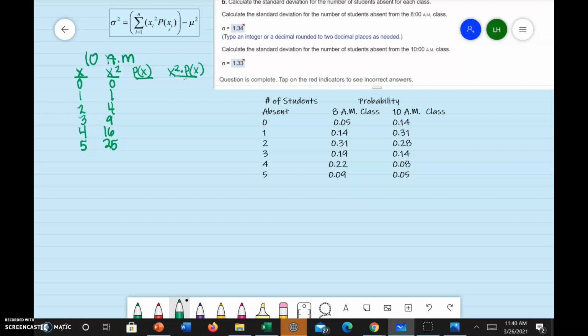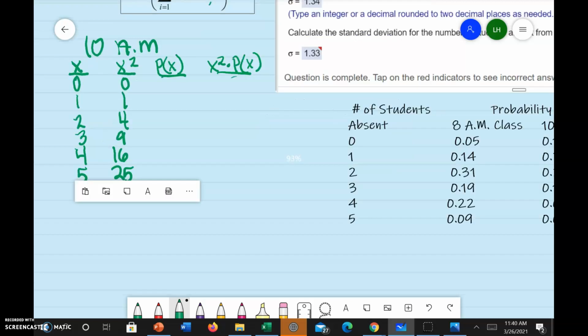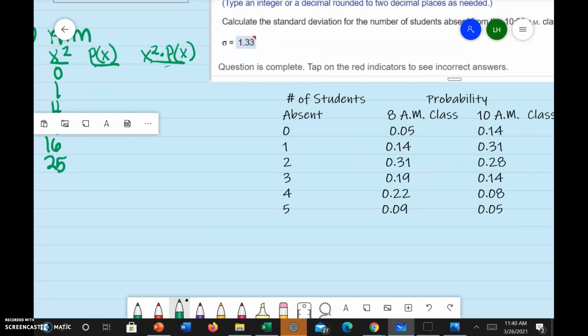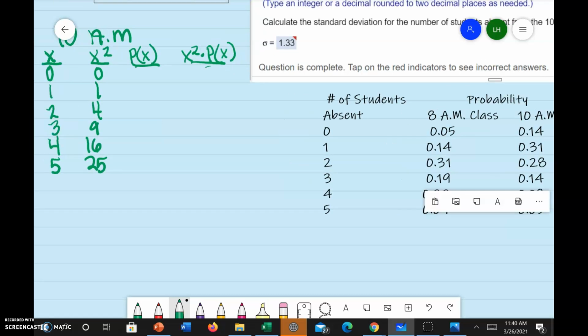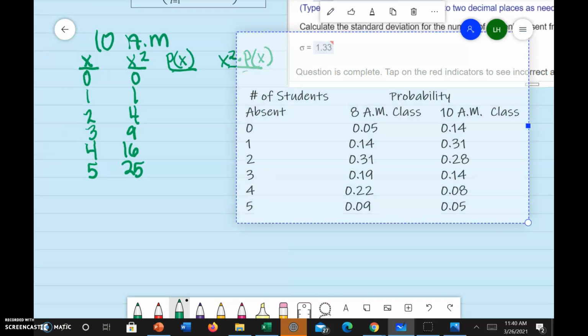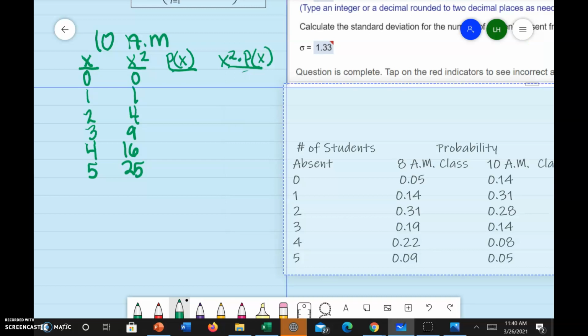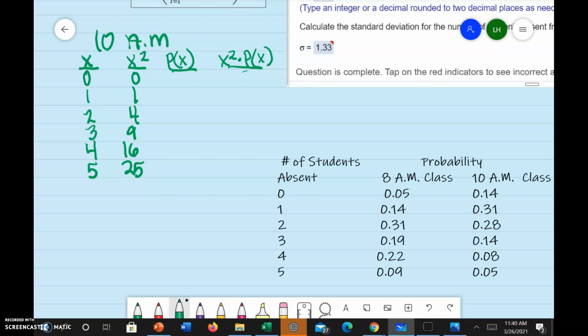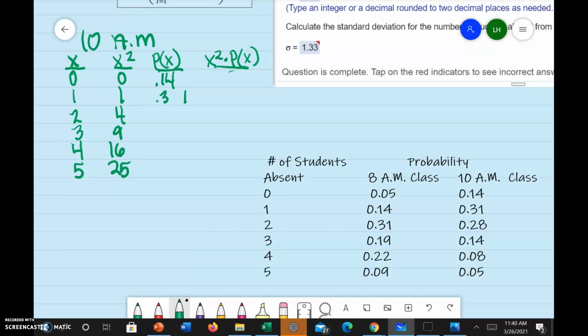Now I'm going to copy my probabilities over: 0.14, 0.31, 0.28.